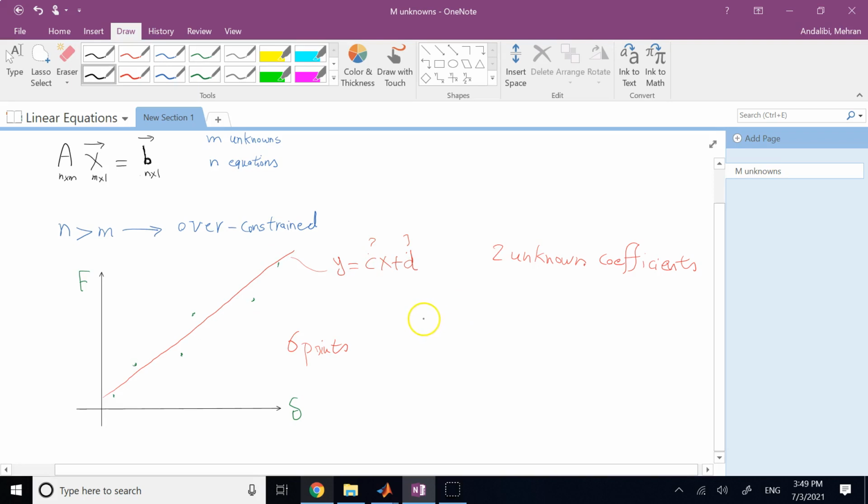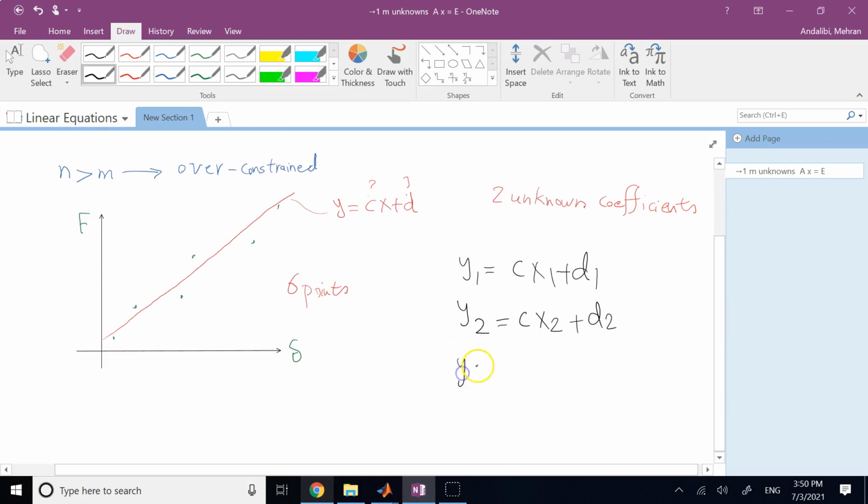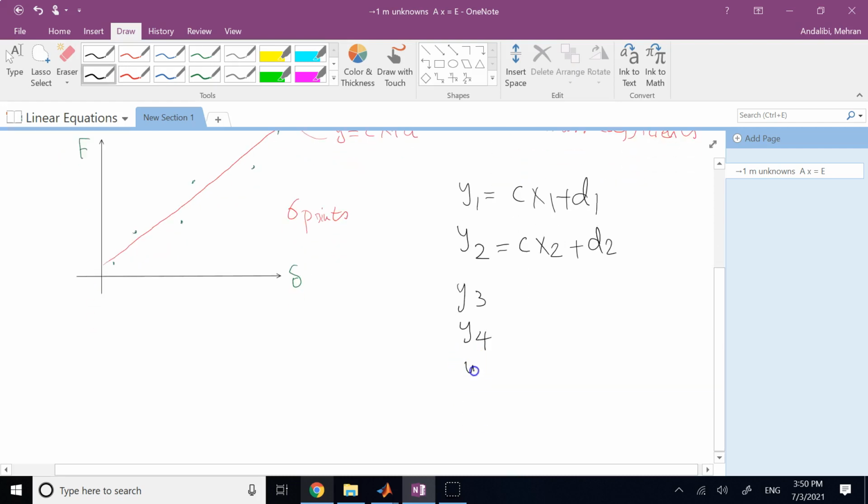So you have to have something like, hey, could you plug in this point x1 and say y1 is equal to cx1 plus d? So yes, maybe. Now, can I add one more point and you make sure this point also passes through the line, or the line passes through this, or that is on the line? Well, still I'm okay. But now that you add the third and the fourth and the fifth point, now it is not going to be possible, right?